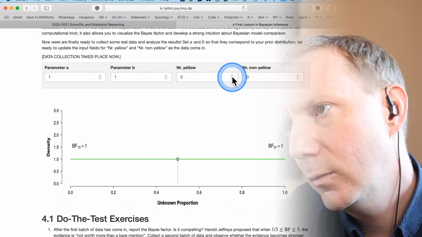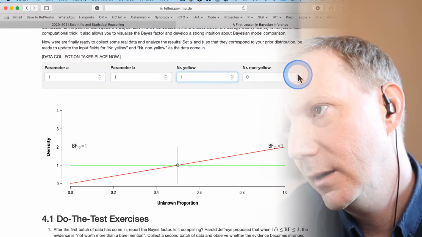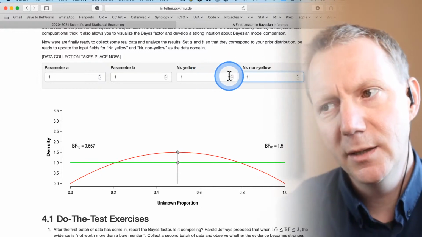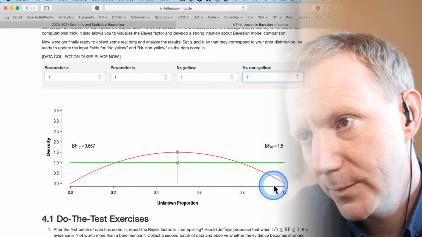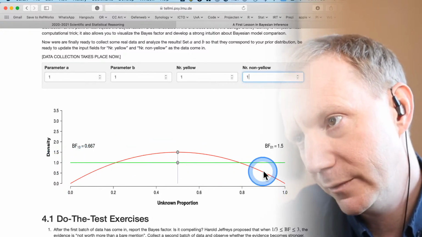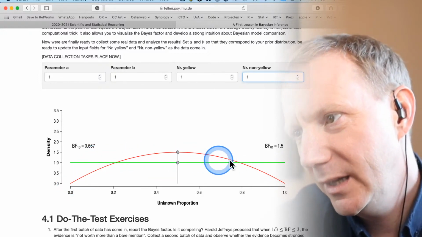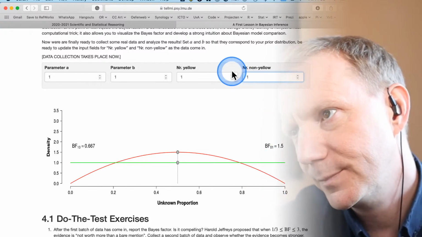So if I throw 1 time heads and 1 time tails, what you're seeing in the red line is the posterior distribution. Updating my belief based on my flat prior yields the posterior distribution.